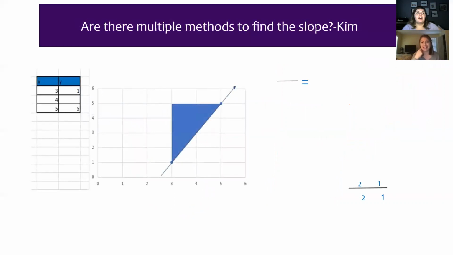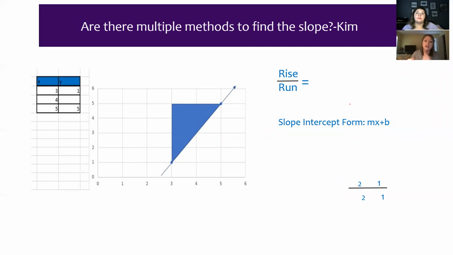So going on, are there multiple methods to finding slope, Kim? There actually is. There's a various amount of methods. I'm just going to put 3 on here. The top one is rise over run, which we all typically use just because it's so easy to visually see how much it's rising over how much it's running over the x-axis. So what does that look like?